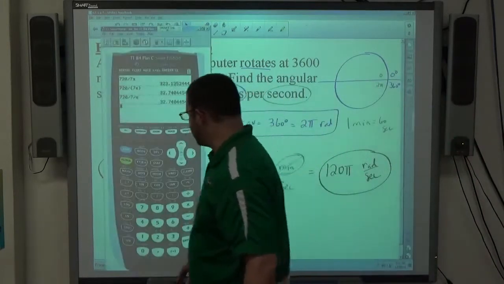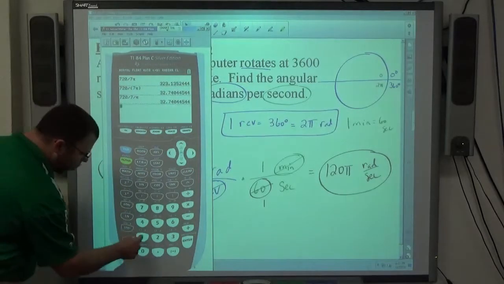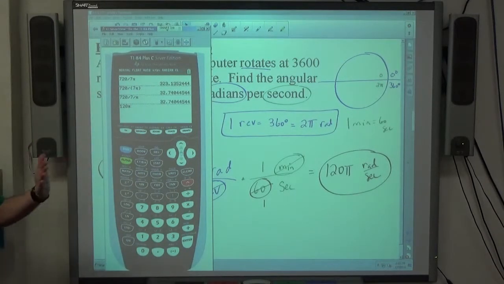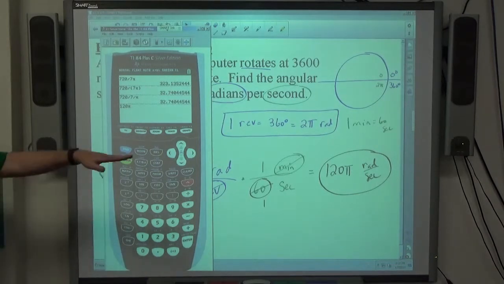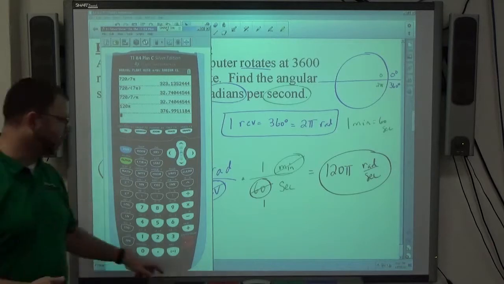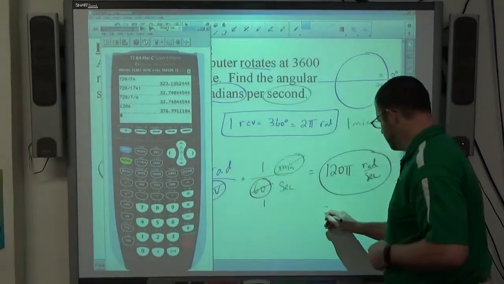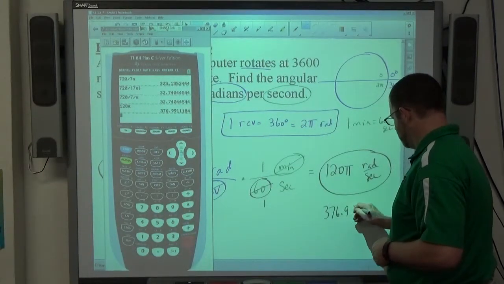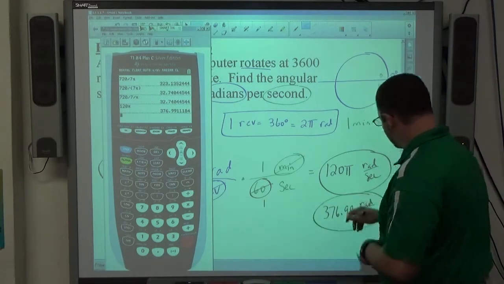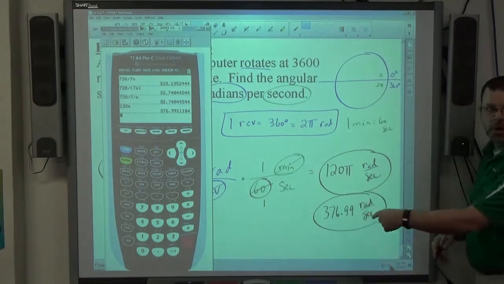If I do want to use a calculator, 120 pi. Okay, when you write it just like that your calculator assumes multiplication. That's what's happening there. Enter. 376.99 is also correct. Just note, this is the exact answer, this is an approximate answer.